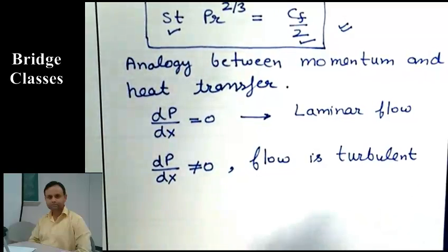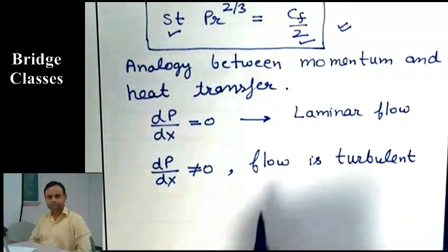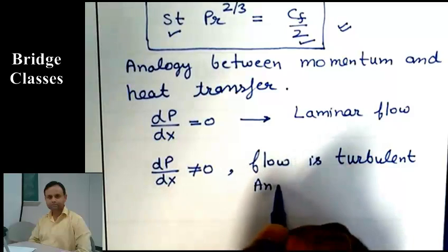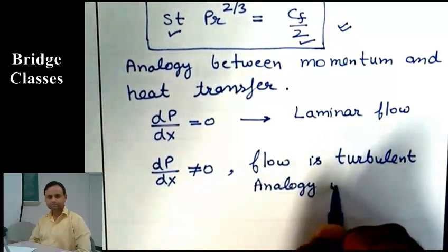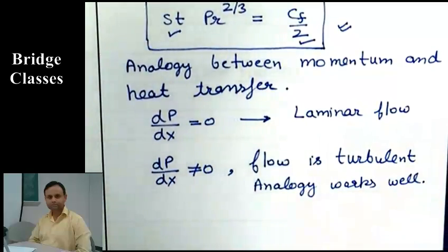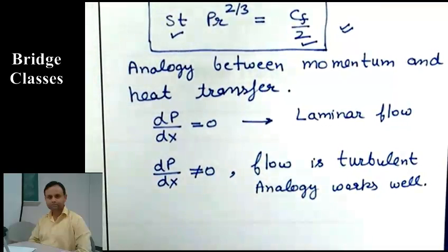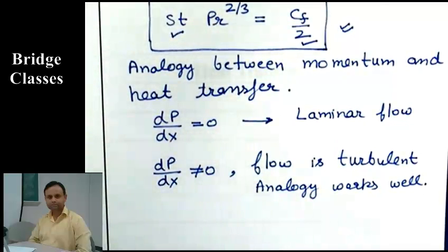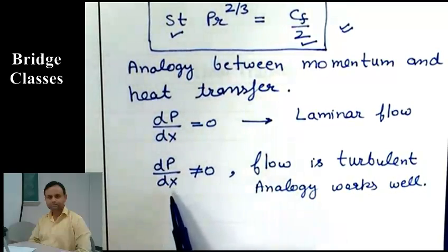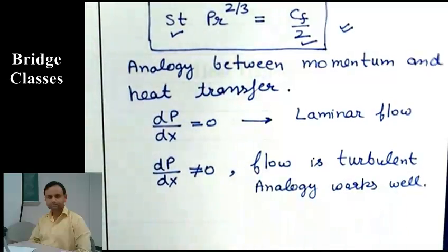It turns out that this analogy is applicable even then, reasonably well. This analogy works well. So the idea is, for flow over a flat plate, we can use this whether the flow is laminar or turbulent. But if it is not a flat plate and you have dP dx, and the flow is turbulent, then also it will give you a reasonable result.